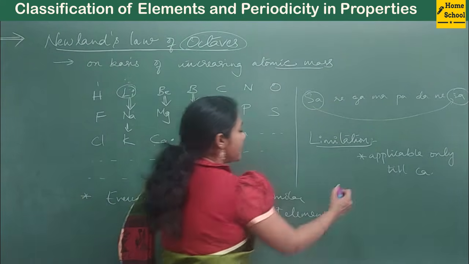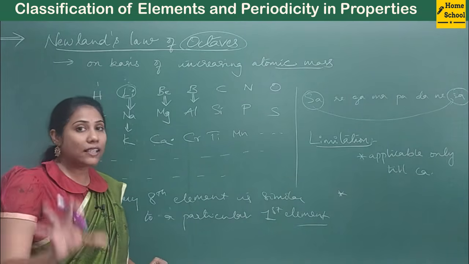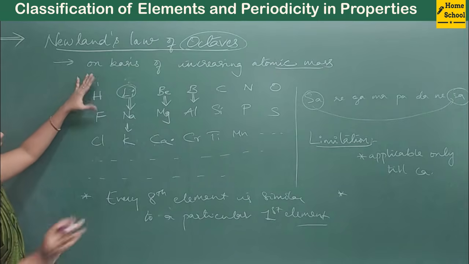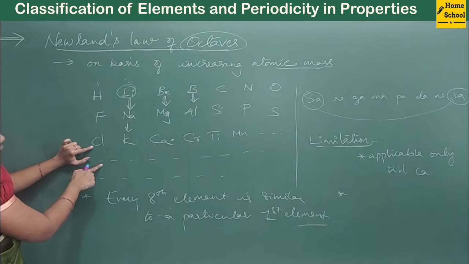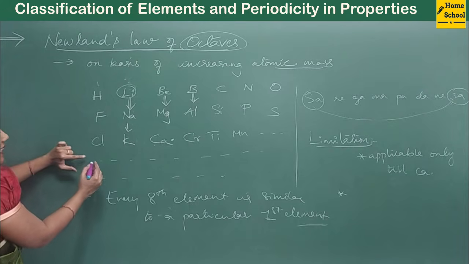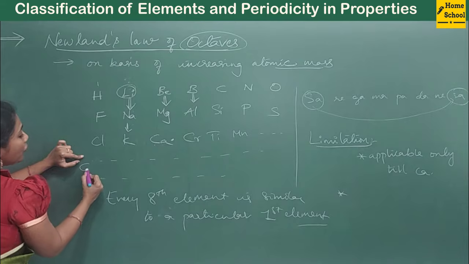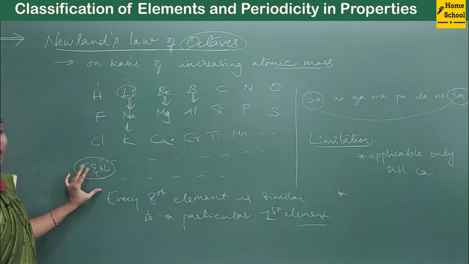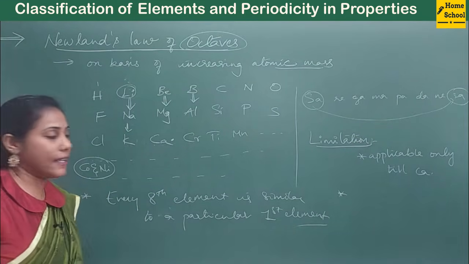And the next one is two elements he placed in a single slot. Okay, I mean to say, if you come to this side, first group, below chlorine or below bromine, he has placed two elements together. Say for example, cobalt and nickel, he placed together. Right, say this is another limitation you can say.